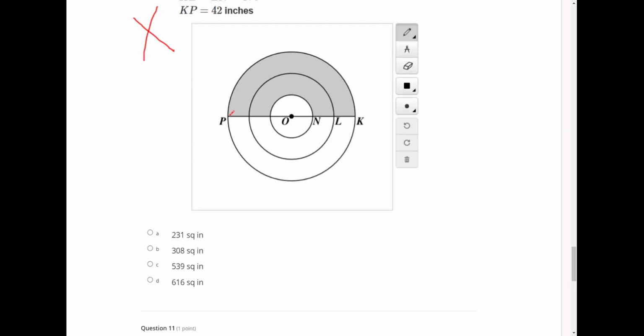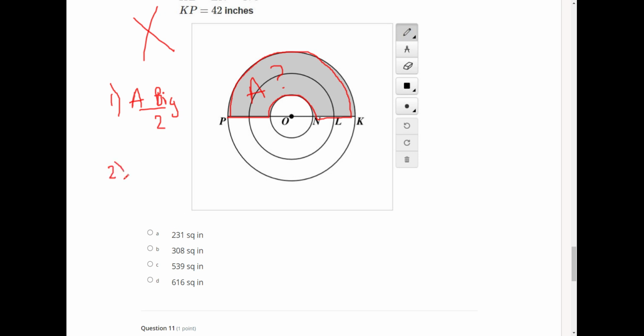The question is asking the area of the shaded sector. It wants the area of that gray rainbow. So basically step number 1 is find the area of the big circle and divide it in half.